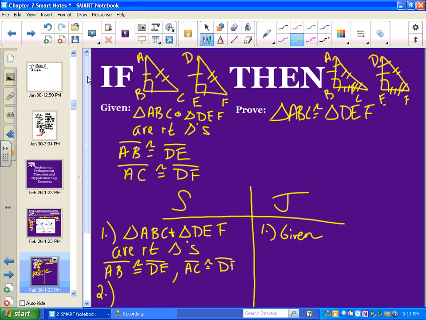Now, if we want to get these two triangles to be congruent, we can't use hypotenuse leg. So the options available to us are side-angle-side, angle-side-angle, side-side-side, and angle-angle-side. Based on the picture and what we're given, which ones can we eliminate? If I look at the picture, I see we have AB congruent to DE and AC congruent to DF.